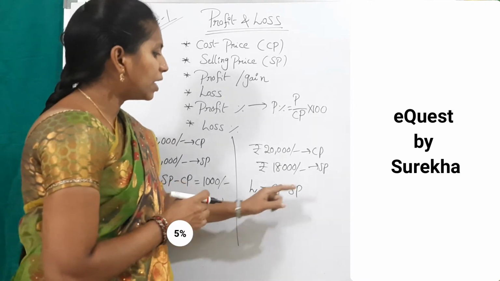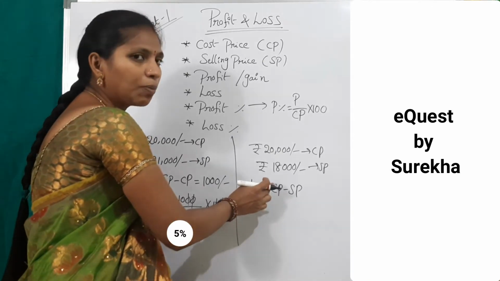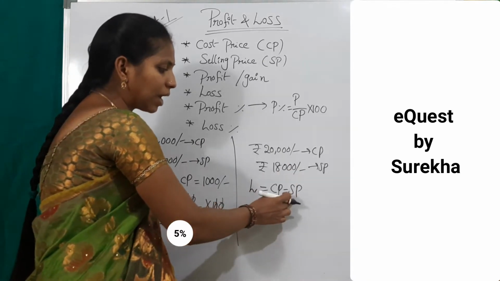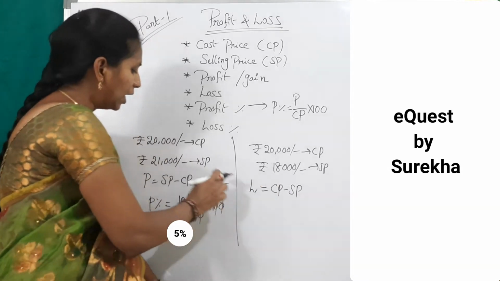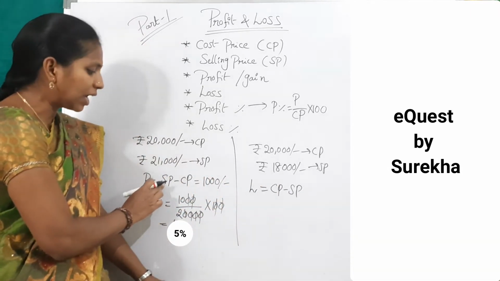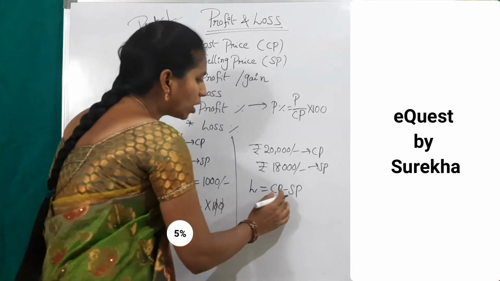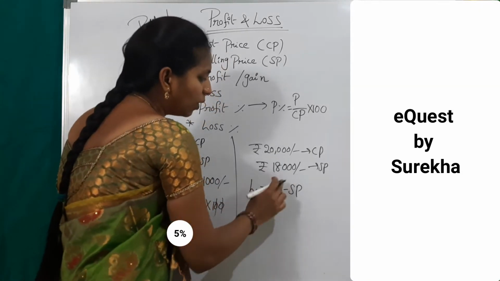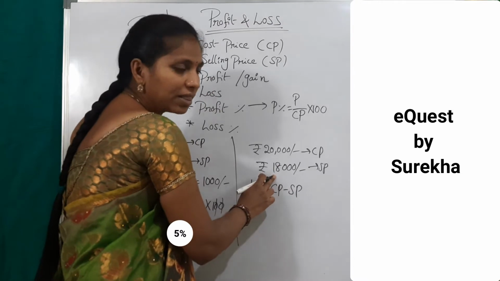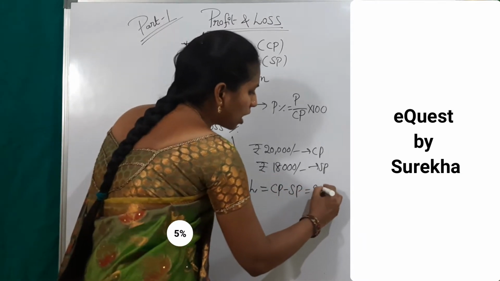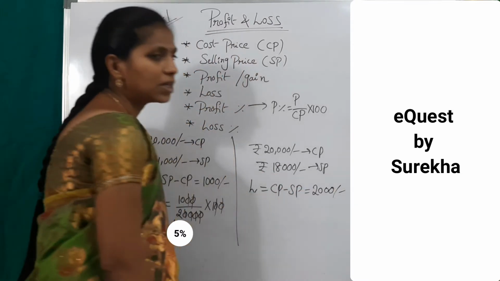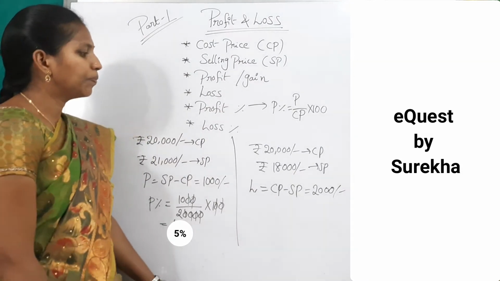Here, CP minus SP. If cost price is greater than selling price, then we got a loss. If SP is greater than CP, then we got a profit. Now see, cost price is 20,000. 20,000 minus 18,000 rupees. Then the loss is 2,000 rupees. Okay.